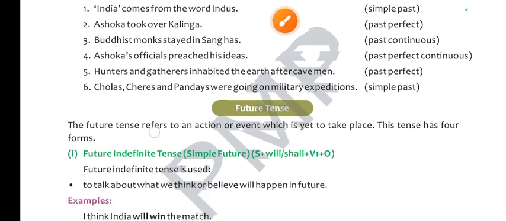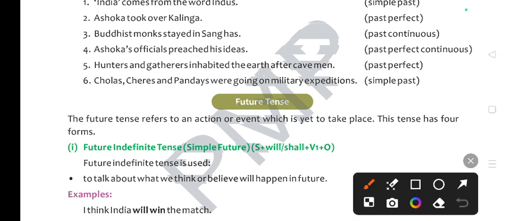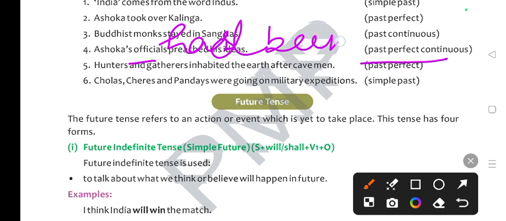Okay. Now, Ashoka's officials preached his ideas, right? Preached his ideas, not purged, it's preached. Means Ashoka's officials, then past perfect tense, we will put here had. So Ashoka's officials had been, and what we do, we just add ing to preach, and it will be had been preaching.